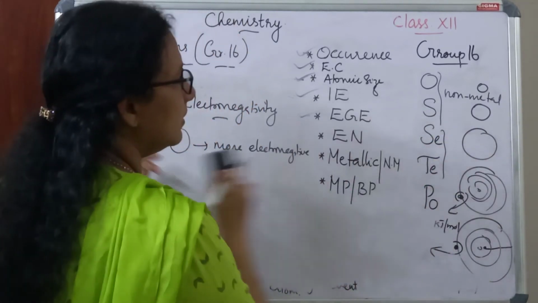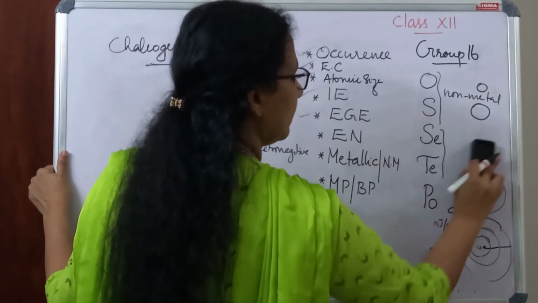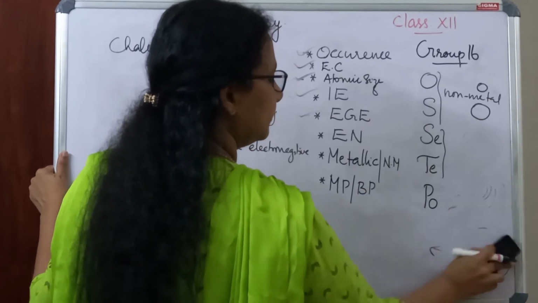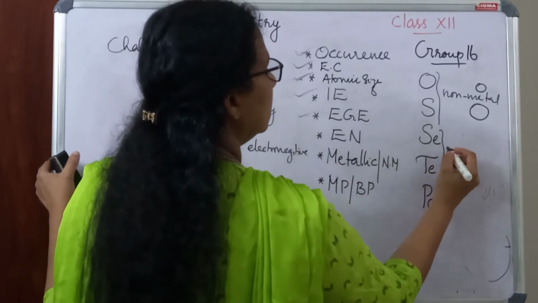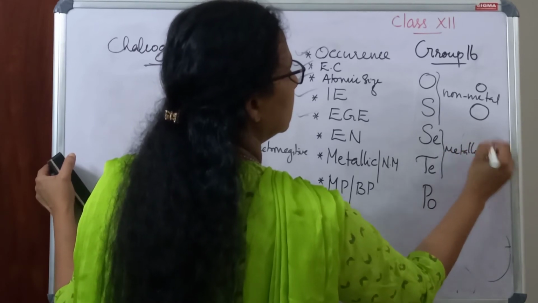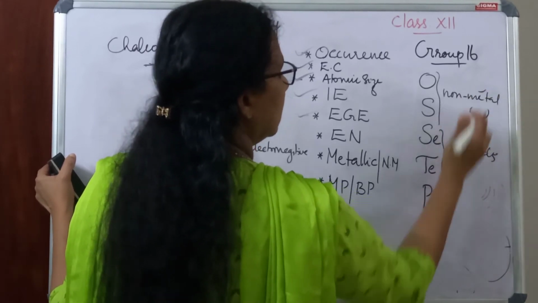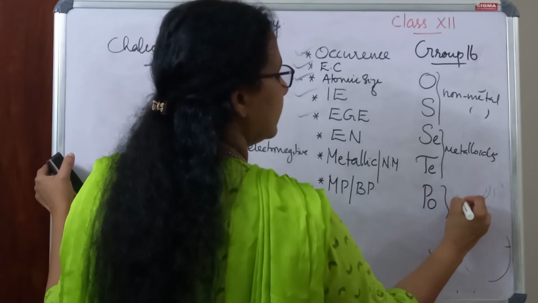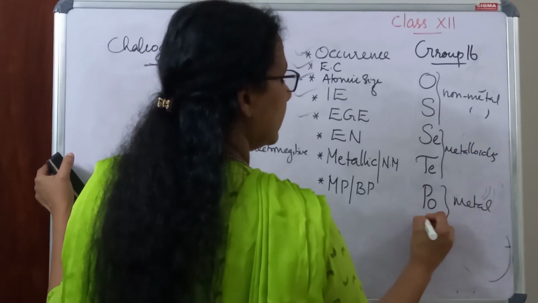Sulfur, selenium and tellurium are metalloids. Then polonium is a metal, but it is a radioactive metal.